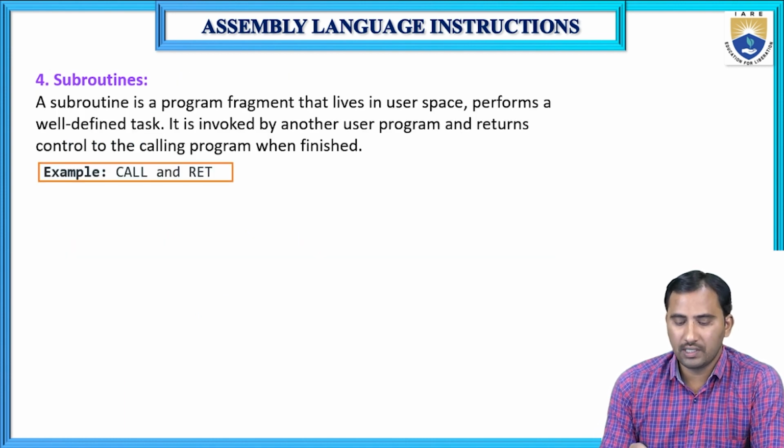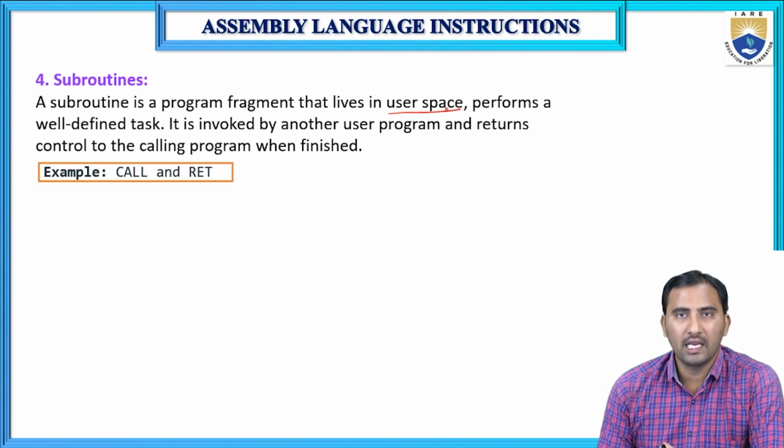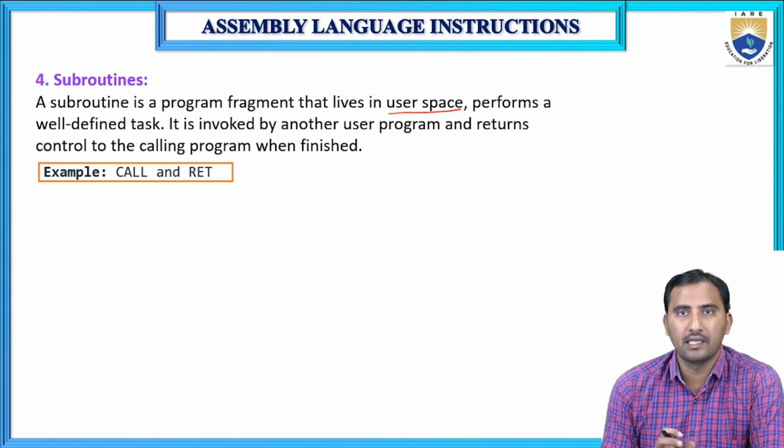And the next one is a subroutine. A subroutine is a program fragment that lives in user space. It is a small program which is written in the memory. Sometimes we call a small program repeatedly.